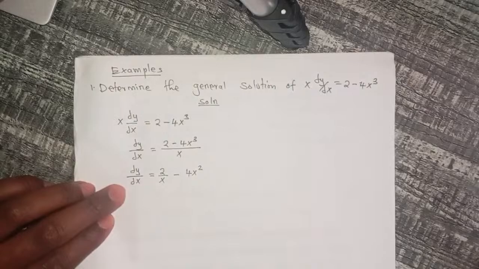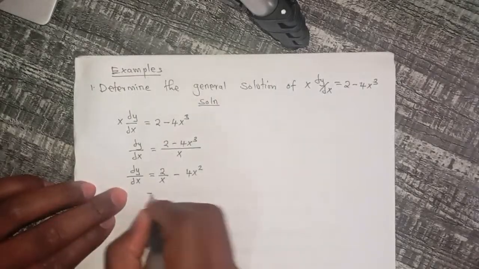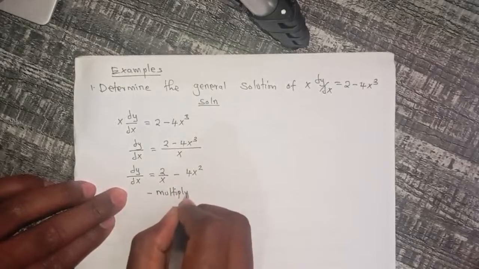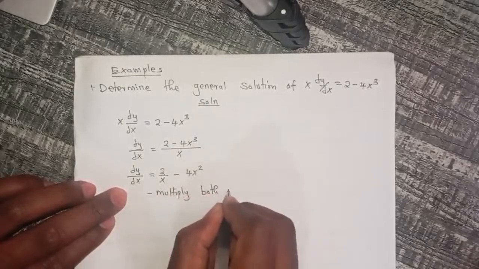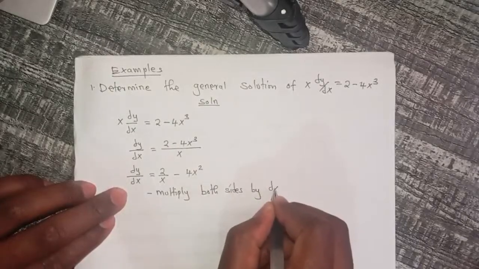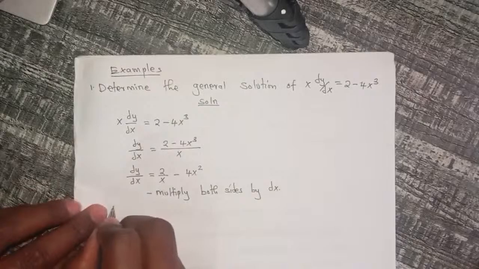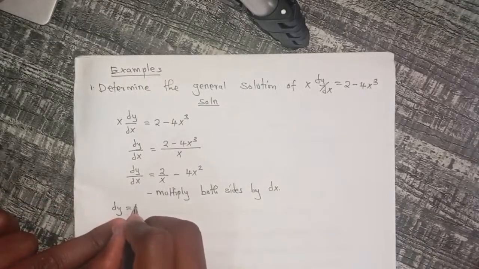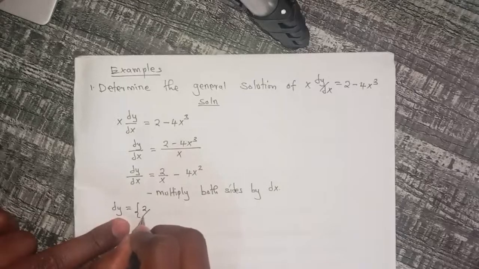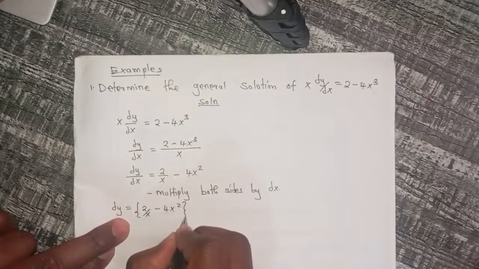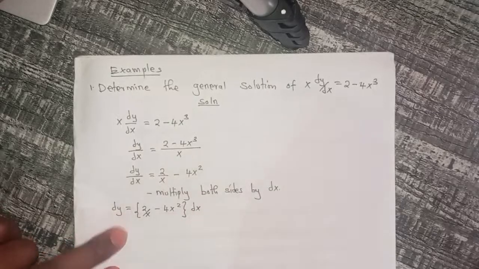From there, multiply both sides by dx. So this will give you dy equals, in brackets, 2 over x minus 4x square, multiplied by dx.